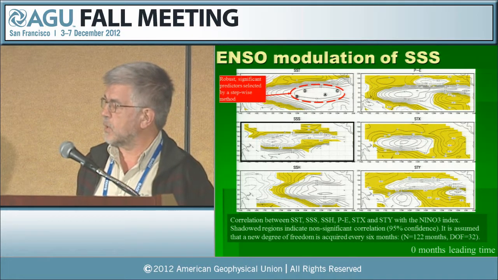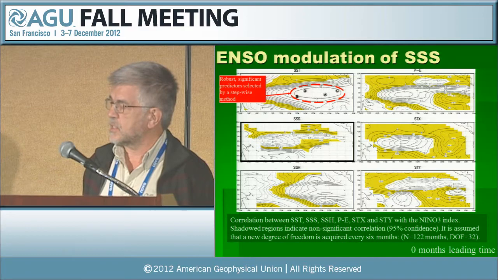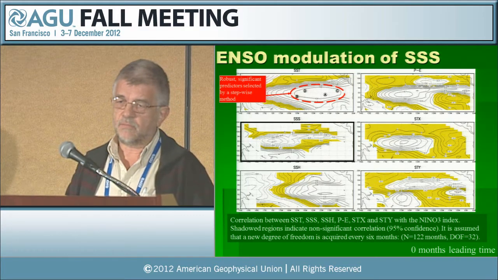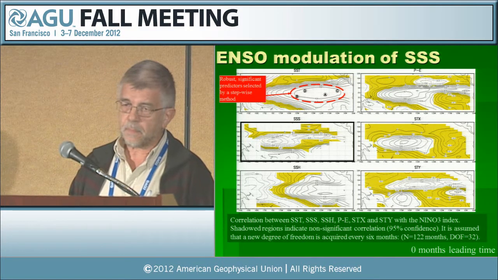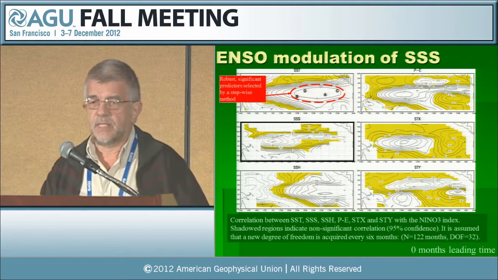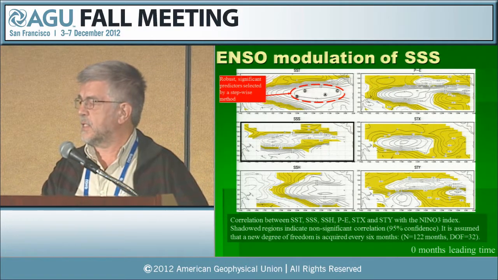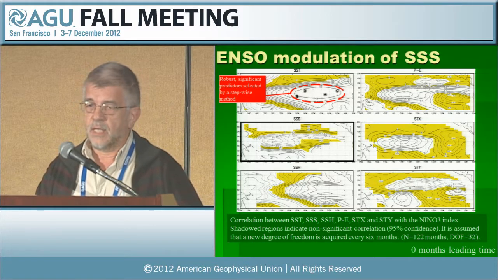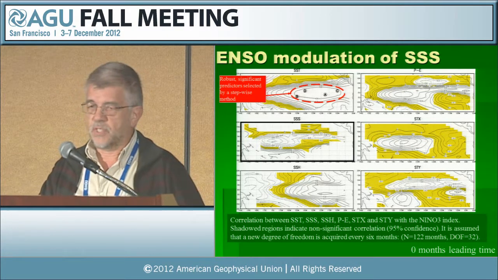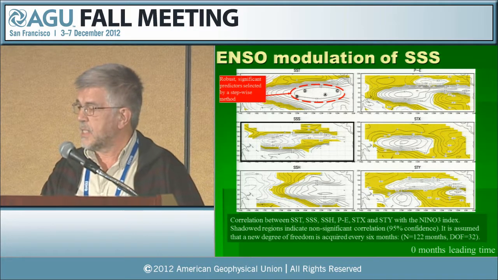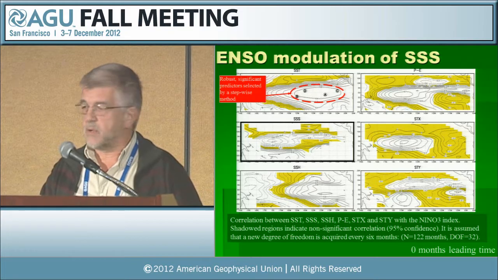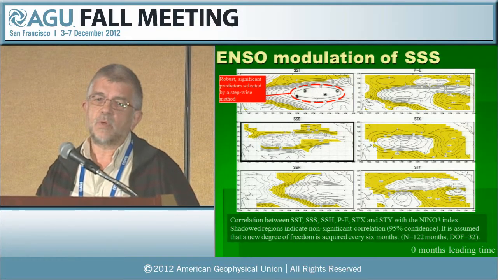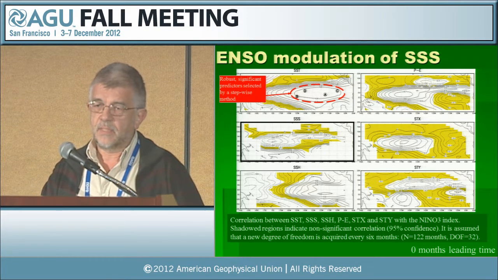In this case, they built a model from a multi-correlation of different variables. We have here salinity, SST, sea surface height, precipitation minus evaporation, and the components of the wind stress. The anomalies of these variables are correlated with the El Niño 3 index.